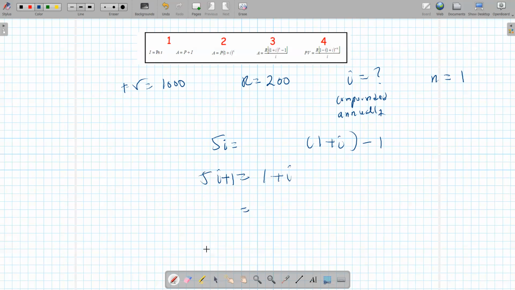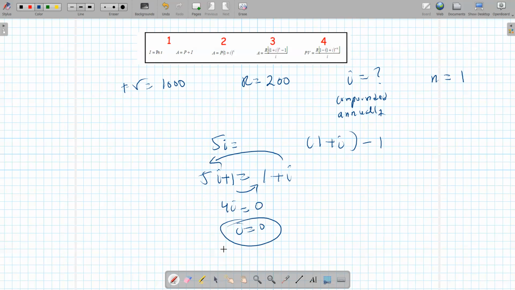So bring this to this side, and you get 4I equals 0, I equals 0. It's just 0. So you've not earned any interest, basically, that's what that means. Which can happen, right?